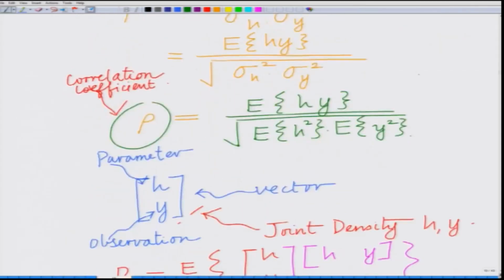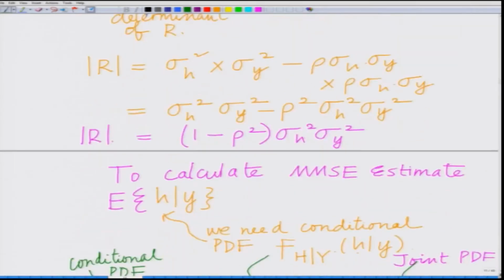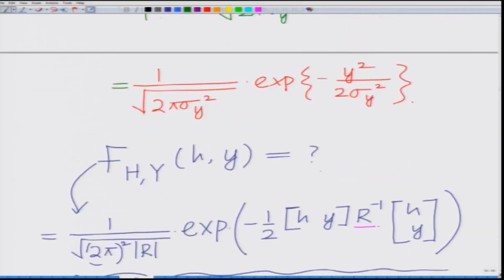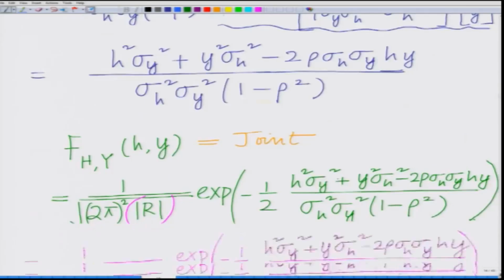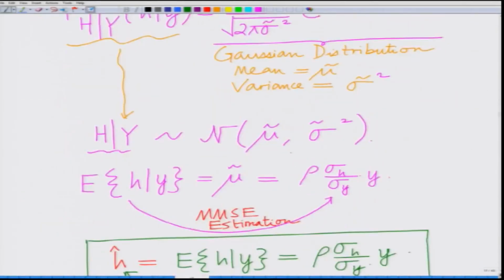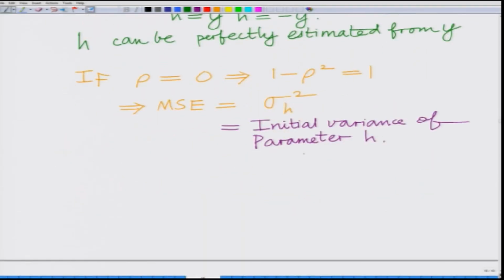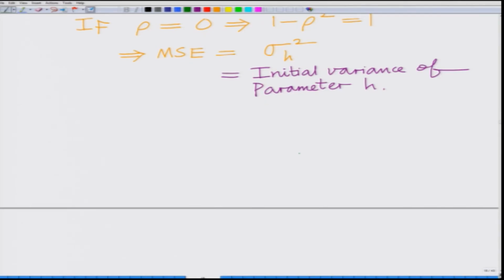So, let me just repeat those definitions over here, so that it becomes convenient. Let us define sigma h square as the expected value of h square equals sigma h square equals r h h.